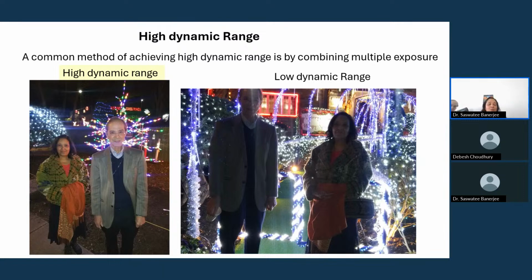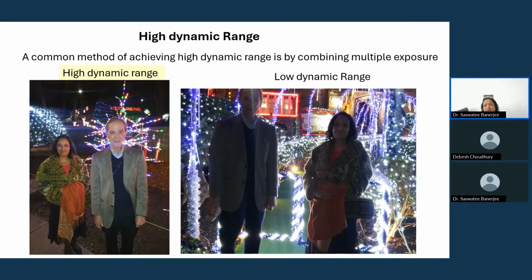It is possible to make it clearer so that you can see the objects in the low brightness area. One way is called high dynamic range, where you are covering a higher range of luminosity. To do high dynamic range, a commonly used technology by a lot of companies is multiple exposure.